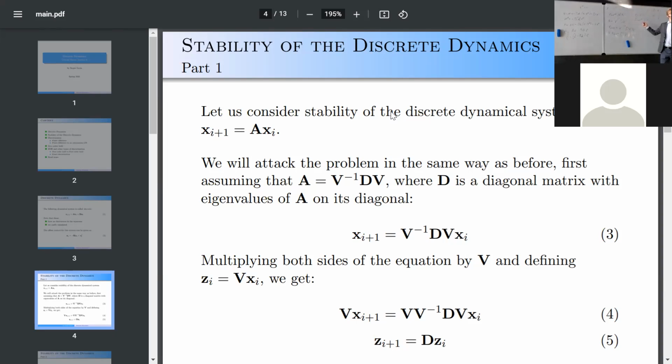So this whole equation becomes a system of equations where each equation has the form: z sub i plus 1 for the first component is equal to d, the first on the diagonal, times z 1 sub i. So you can see how it all evolves, right?